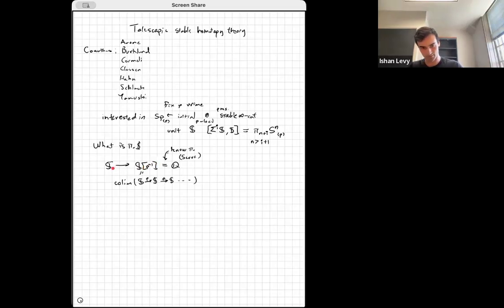Essentially what you missed was whatever the homotopy groups of the cofiber of this map is. And the cofiber of this map from the sphere to the rational numbers is the colimit over n of the sphere mod p to the n. Here, by the sphere mod p to the n, I mean just the cofiber of the p to the n self-map of the sphere.